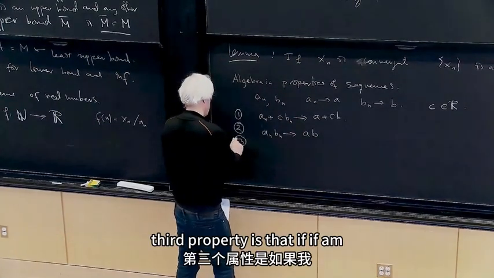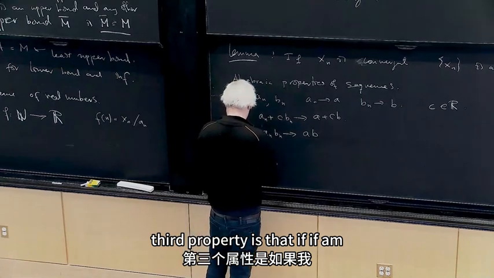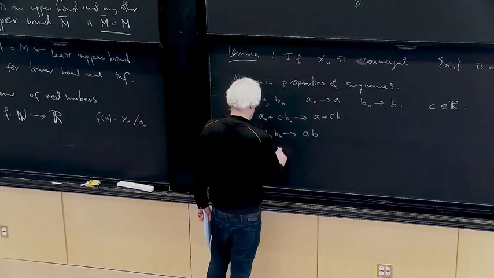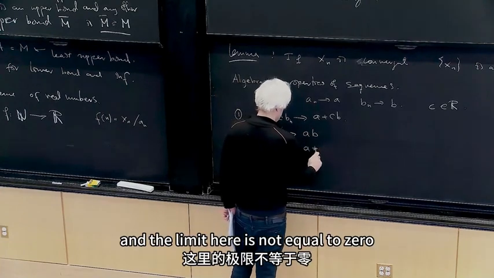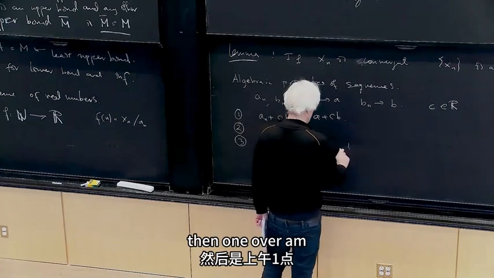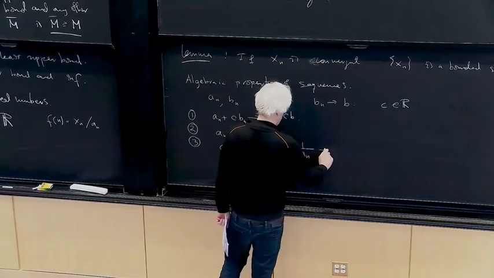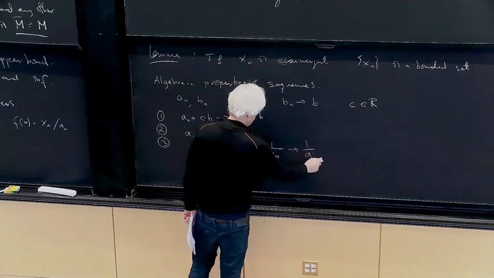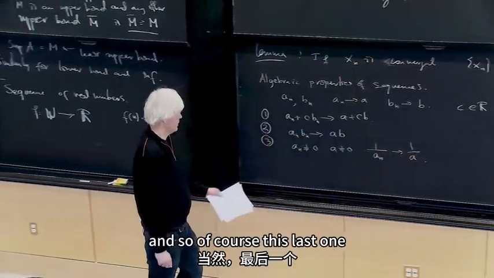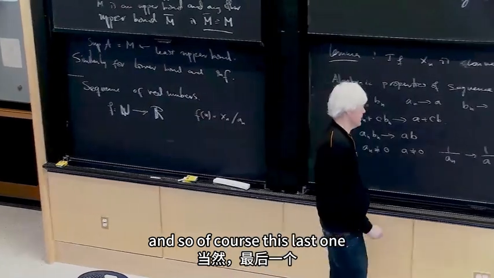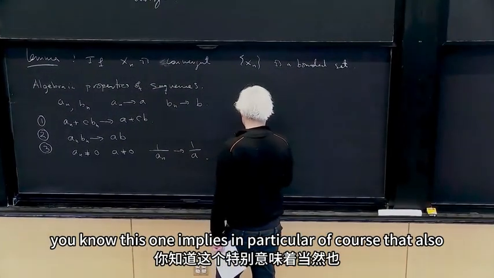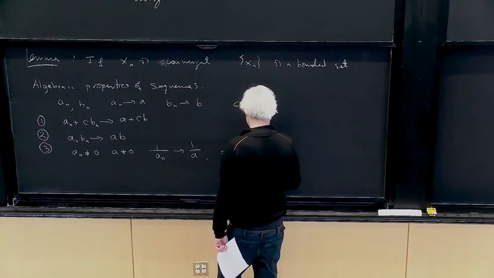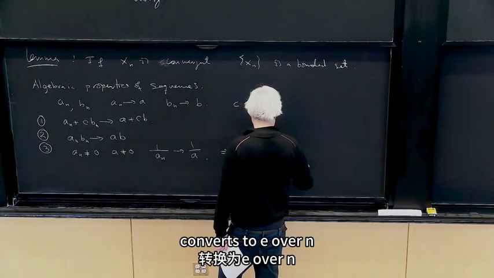Third property is that if a_n is not equal to 0 and the limit a is not equal to 0, then 1 over a_n converges to 1 over a. And of course, this last one implies in particular that b_n over a_n converges to b over a.